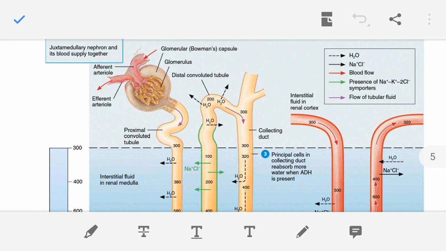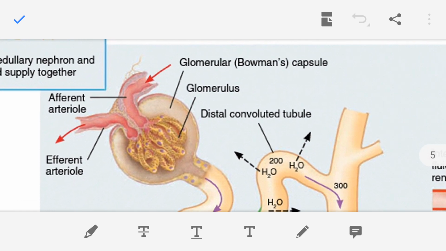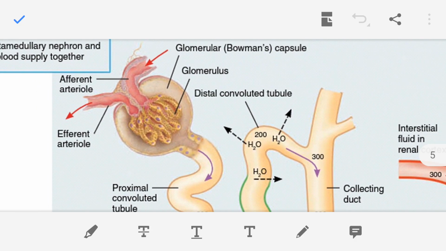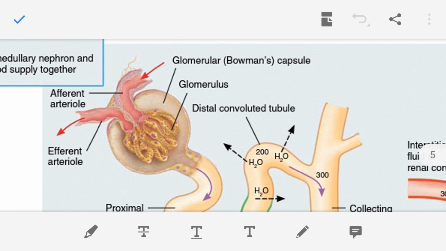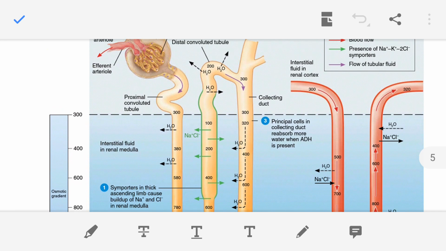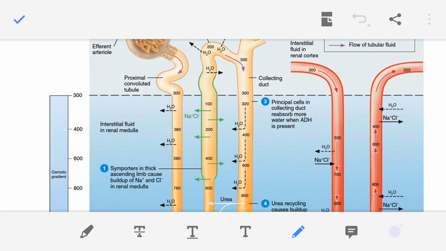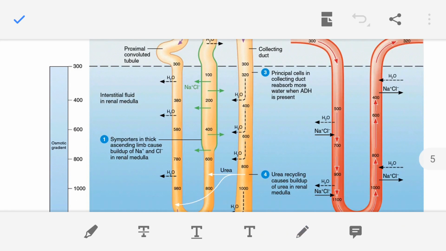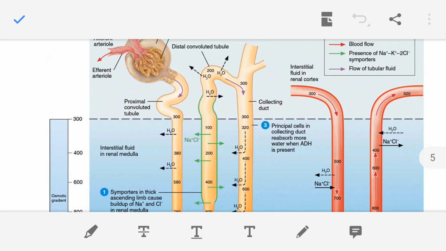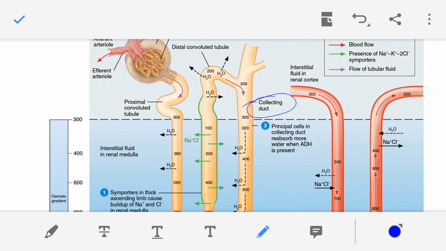In the structure of the nephron, this initial part is the glomerular capsule, also known as Bowman capsule, and the remaining part, the entire part, is the renal tubule, and the renal tubule opens into the collecting duct.